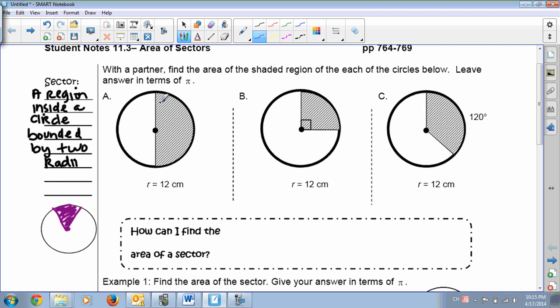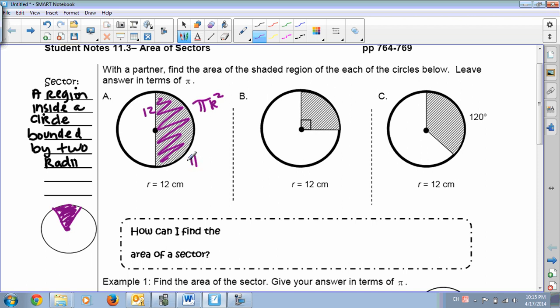Okay, so this is half of a pie that's shaded. So this sector that we have right here is half. Well, we can find the area of the whole circle because we know that the area of a circle is just pi r squared. And it tells us that the radius of this circle is 12.